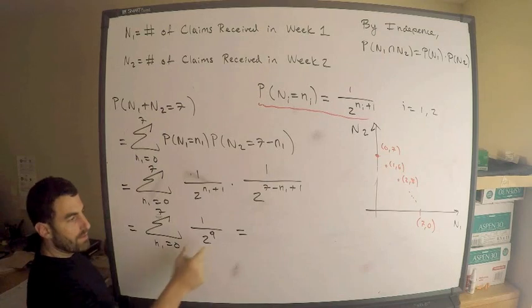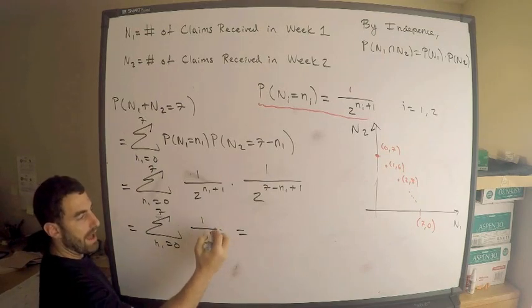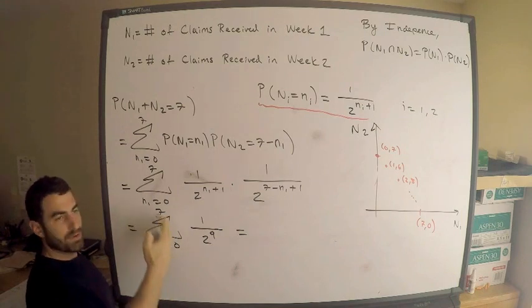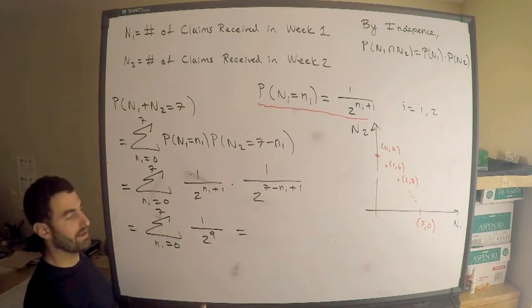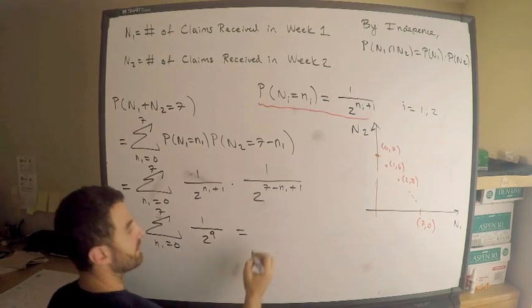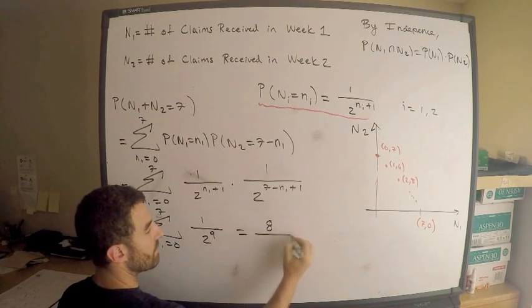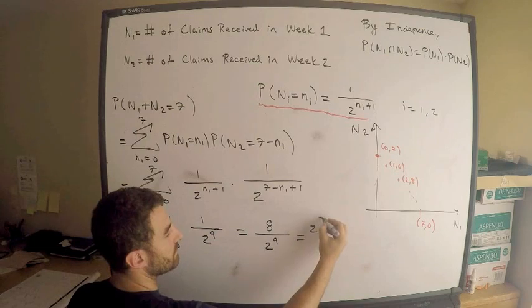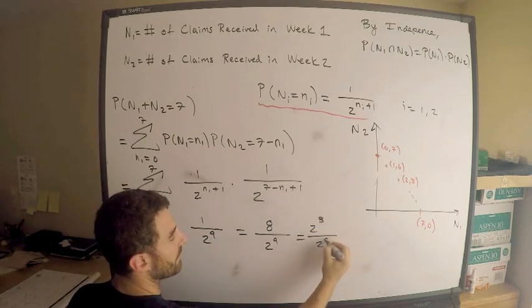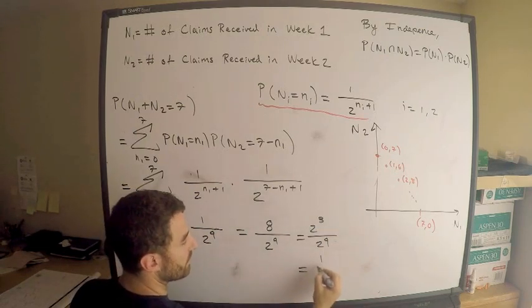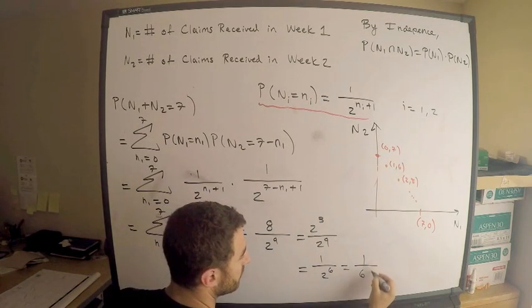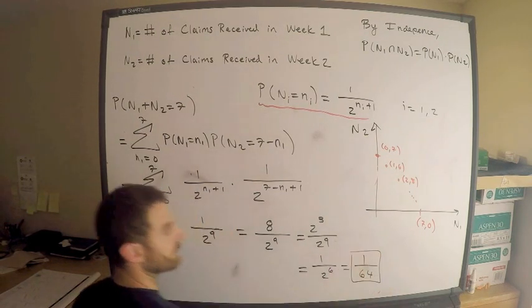Well, this is just a power of a half, so I can just factor this out, and I'm adding up 1 eight times. So this is exactly 8 over 2 to the 9, which is 2 cubed over 2 to the 9, which is 1 over 2 to the 6, which is 1 over 64.